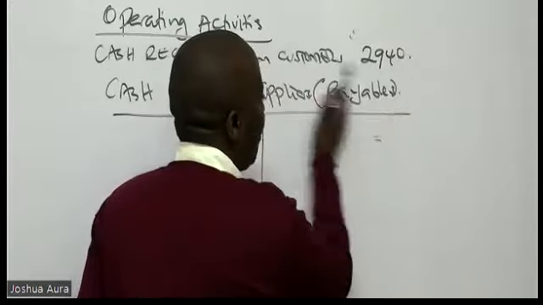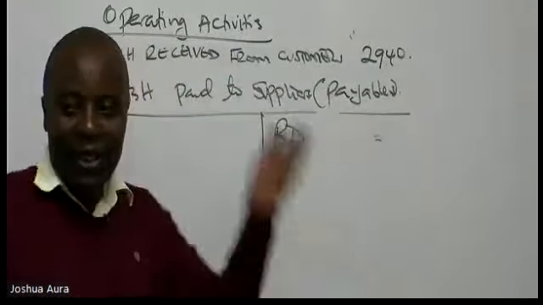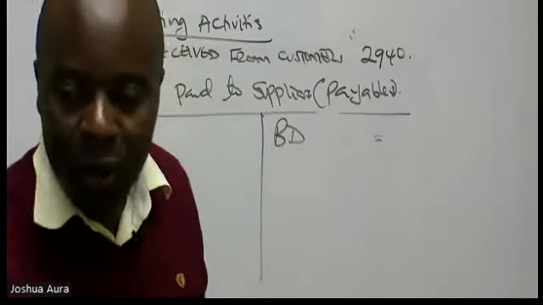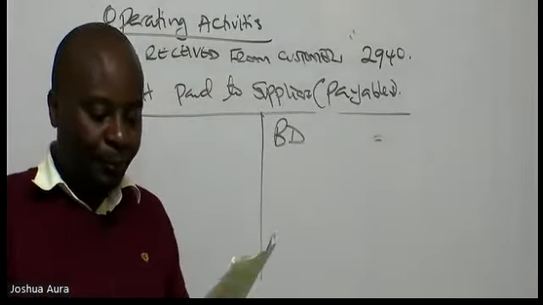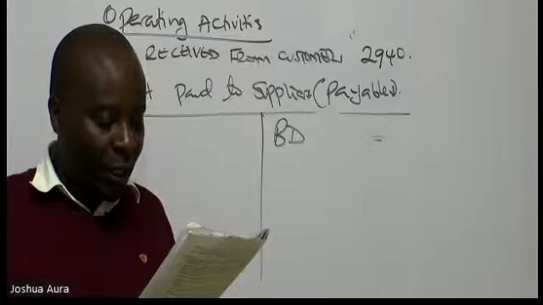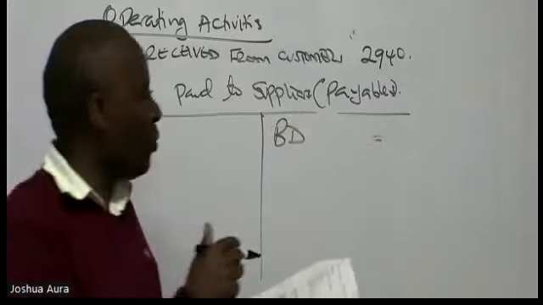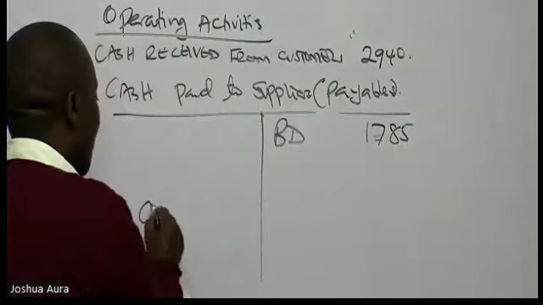Is there somebody who is able to see the brought down payables? The end of 2016 payables, is there somebody who is able to see those figures? When you look at the current liabilities, payables, we have 1785. Thank you so much. And then, ladies and gentlemen, we have carried down.